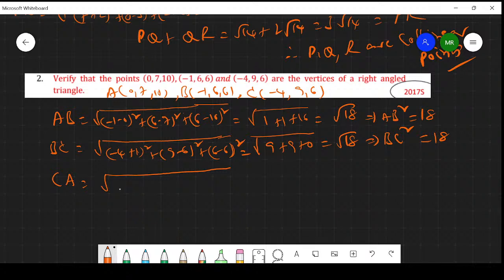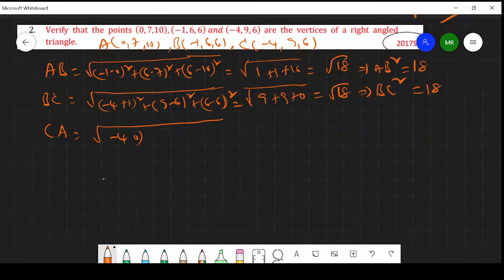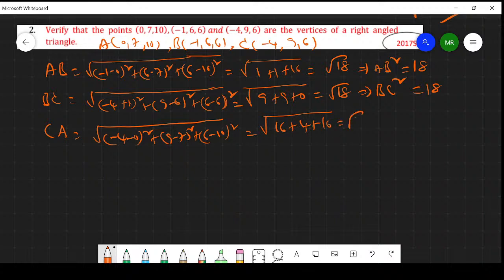You find minus 4 minus 0 whole square plus 9 minus 7 whole square plus 6 minus 10 whole square. So this will be root of 16 plus 4, because 9 minus 7 is 2, squared is 4, and this is 4 squared, 16. We got root 36. So CA square is equal to 36.